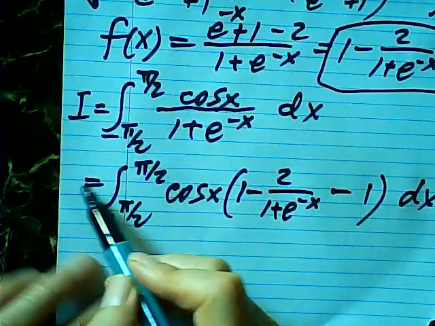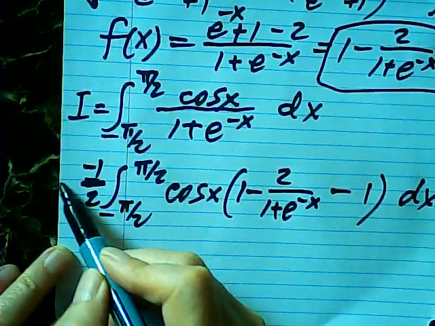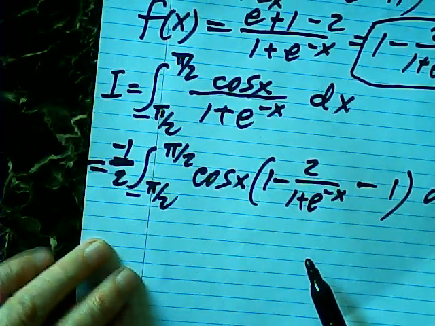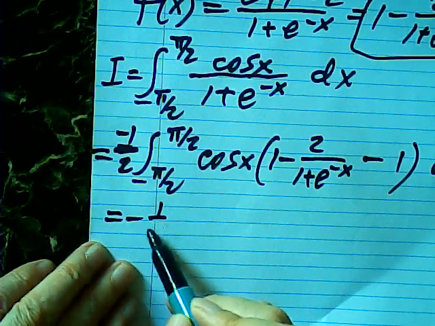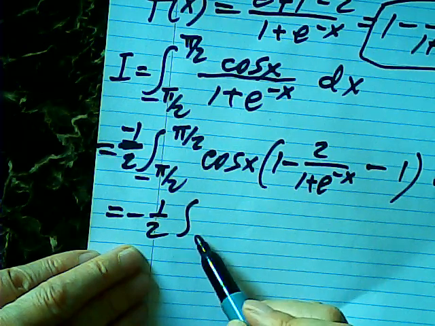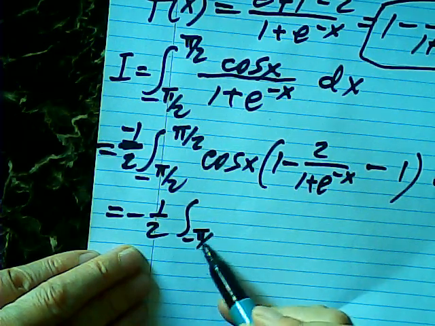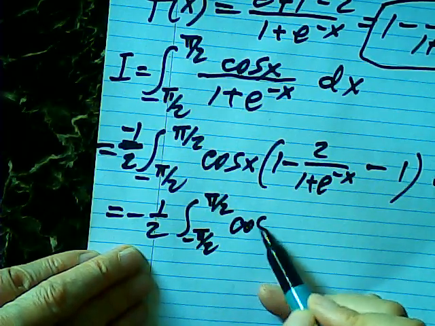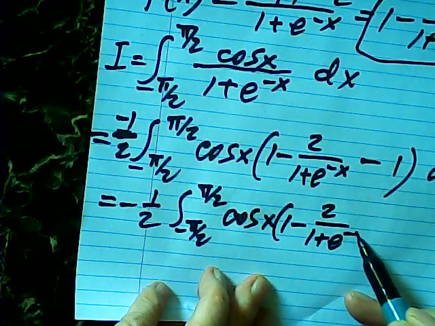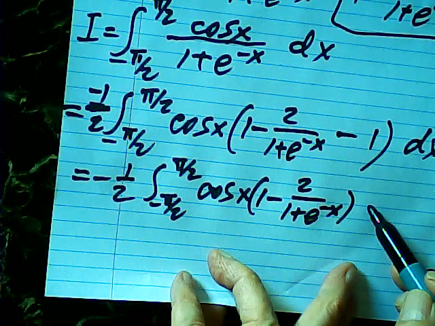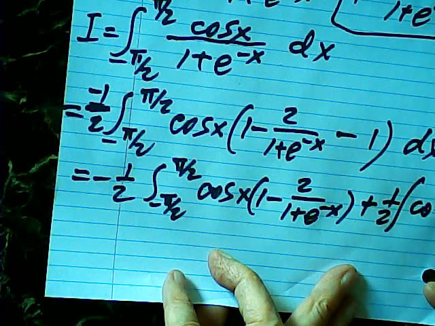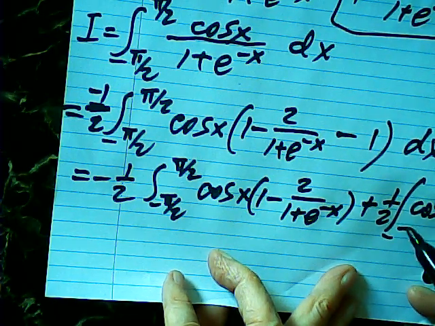I don't have negative here, but easier. Multiply by negative half, then equal. This time this 1 cancels out. So this is equal to negative the integral of cosine x times 1 minus 2 over 1 plus e to the negative x, minus becomes plus, right? Half cosine x dx, from minus half pi to half pi.